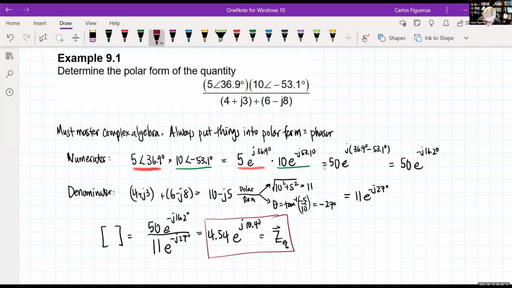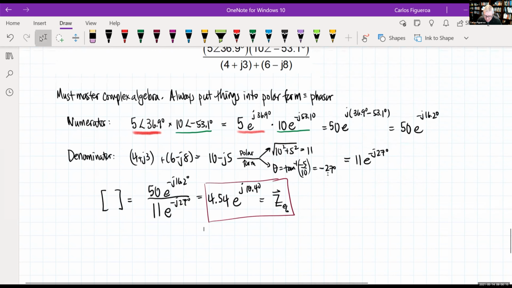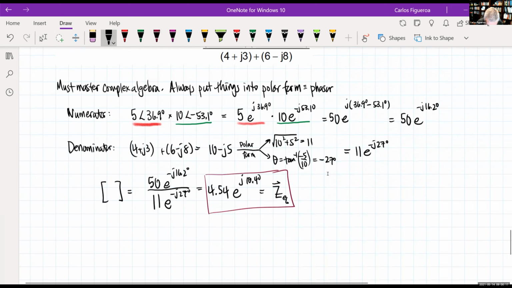If this was the equivalent impedance of a circuit, it says that I have a vector, and that vector Z has a length of 4.54 and an angle of 10.4 degrees. And this is where I'm plotting this guy in this axis here.